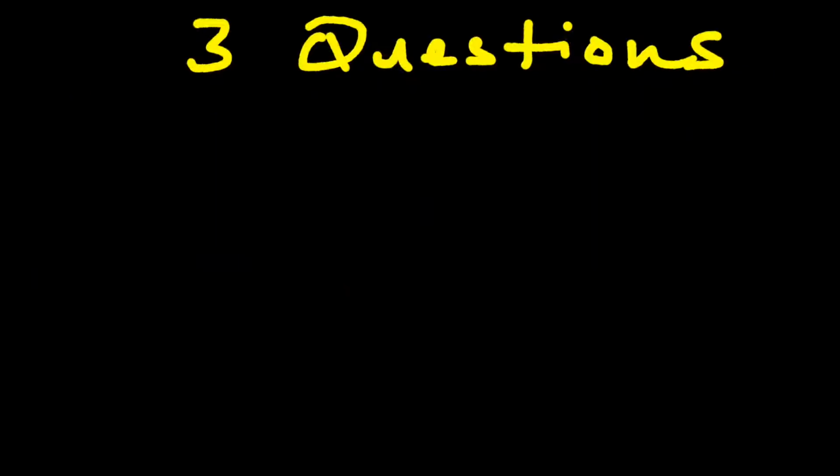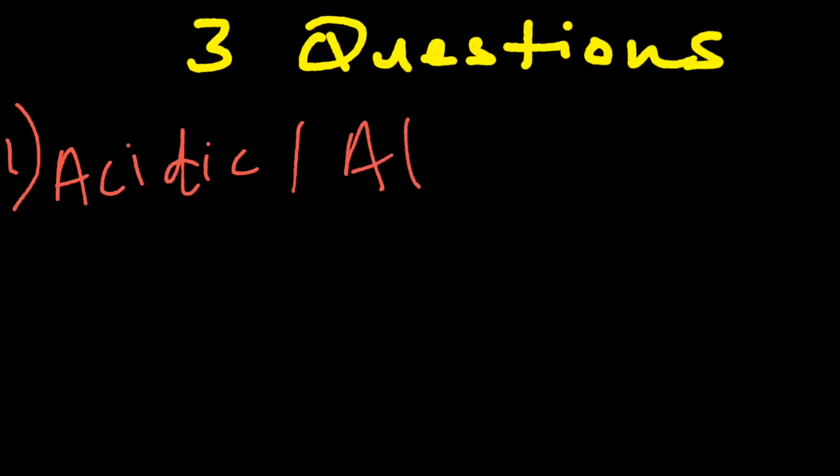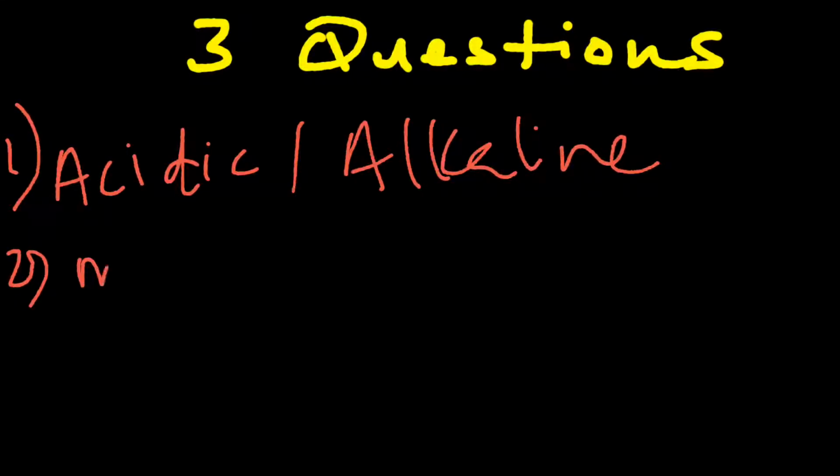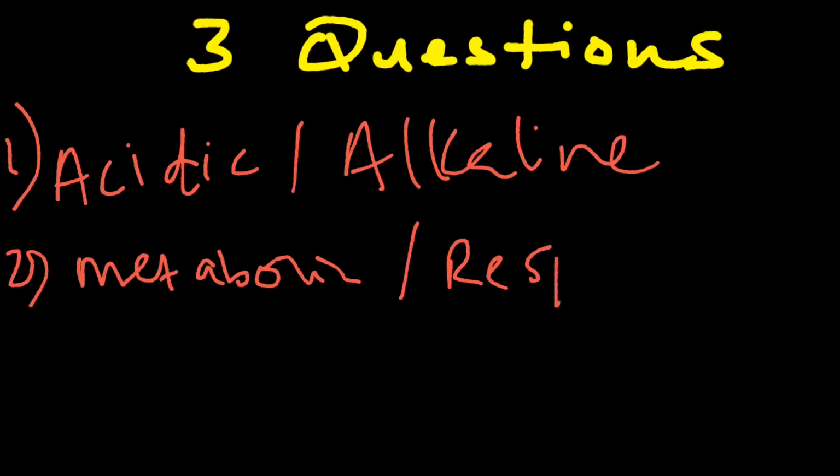When we're trying to interpret the results for arterial blood gas, there are three questions that we have to ask ourselves. Number one, is the blood acidic or alkaline? Basically, is it exhibiting acidosis or alkalosis? Number two, is this a metabolic or a respiratory aspect?